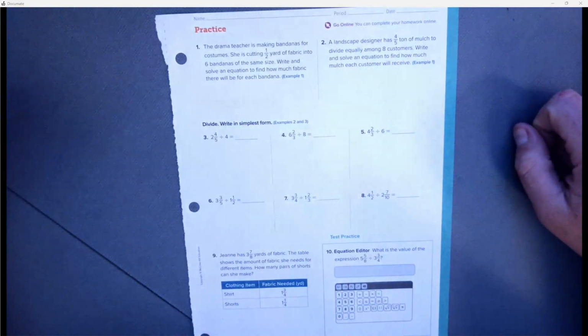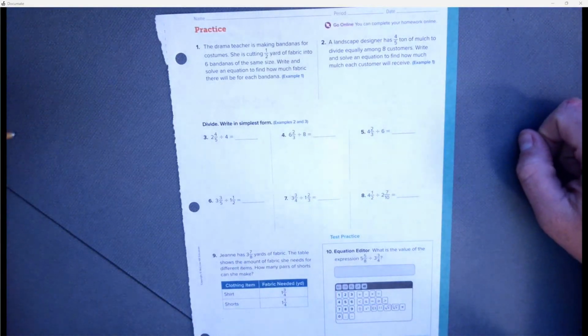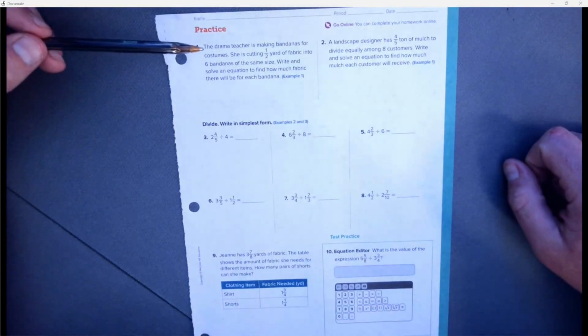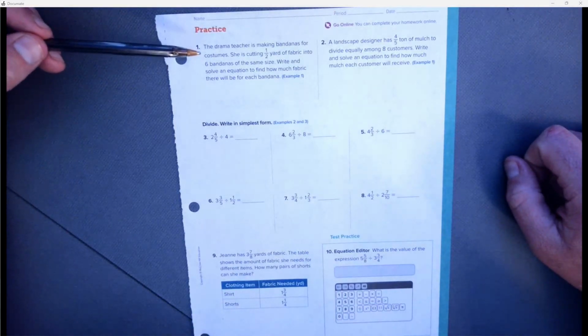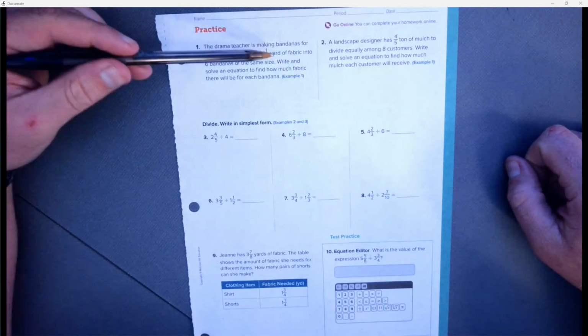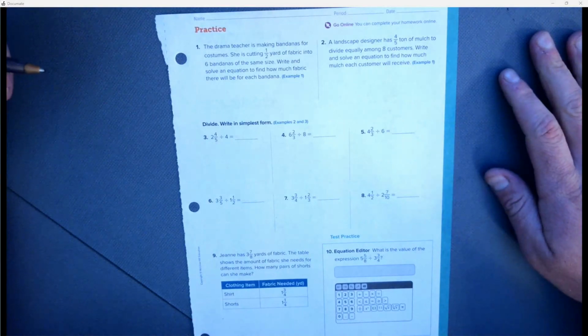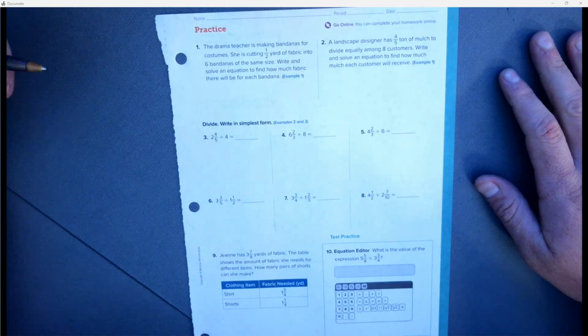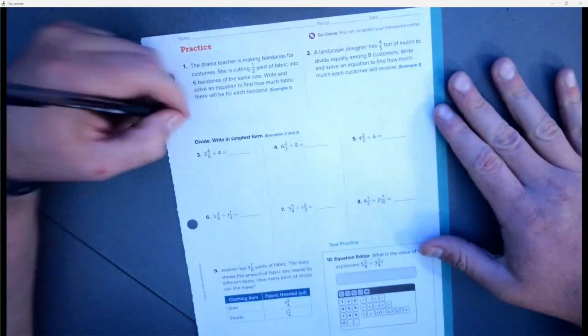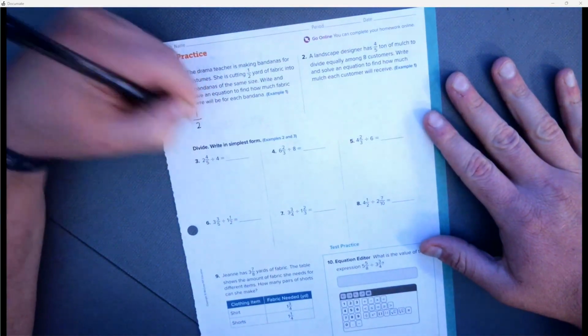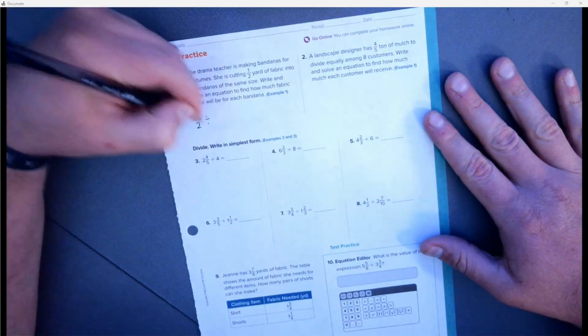Now let's review a couple practice problems on page 193. Number 1 says the drama teacher is making bandanas for costumes. She is cutting a half yard of fabric into 6 bandanas of the same size. Write and solve an equation to find how much fabric there will be for each bandana. So we're taking a half a yard of fabric and we're dividing it by 6.